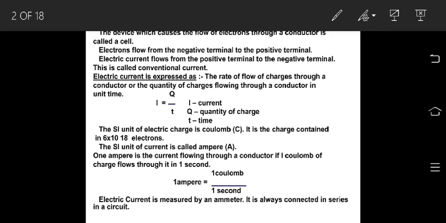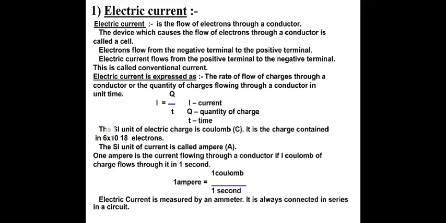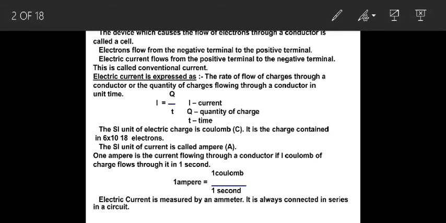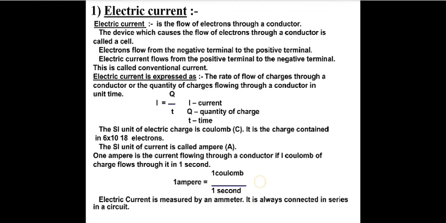Now if you want to explain what is 1 ampere of current: 1 ampere is the current flowing through a conductor if 1 coulomb of charge flows through it in 1 second.